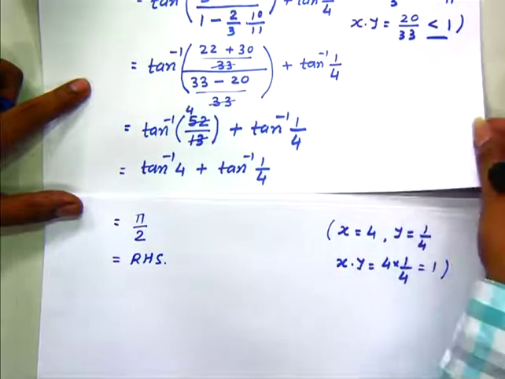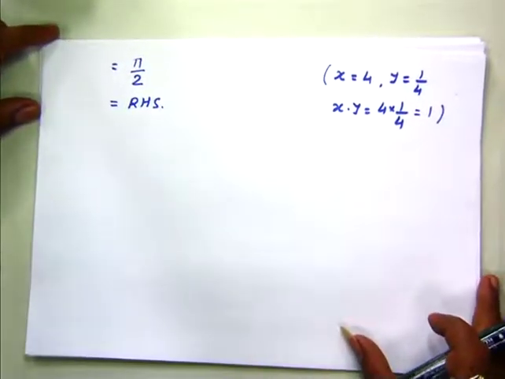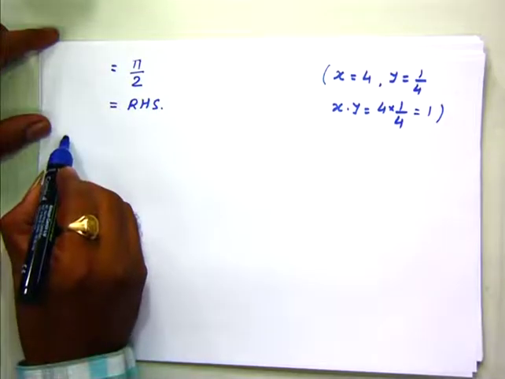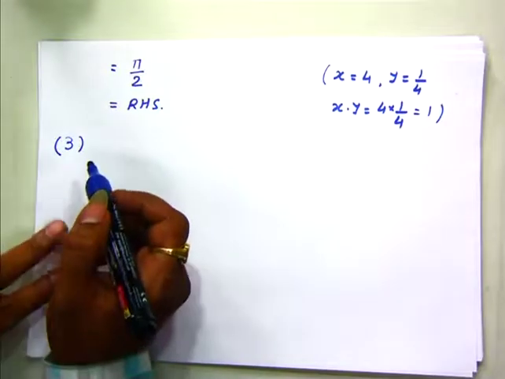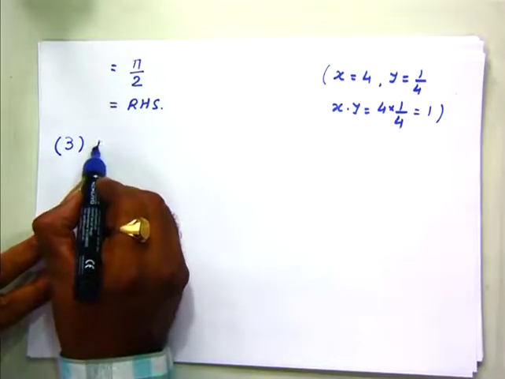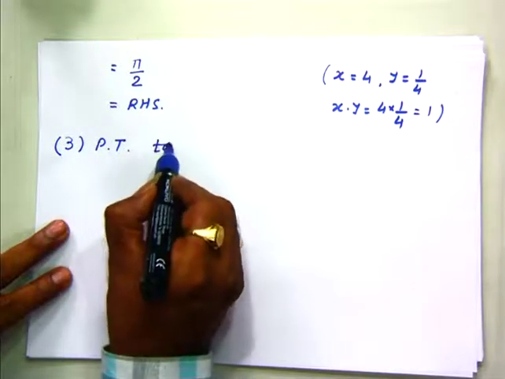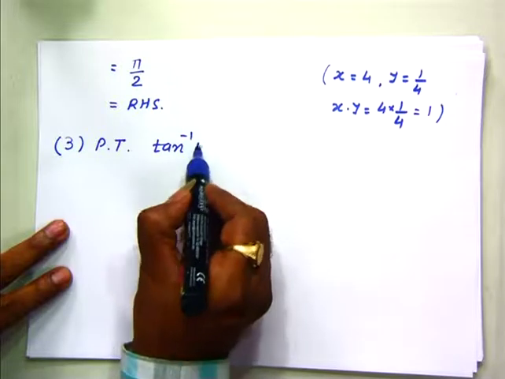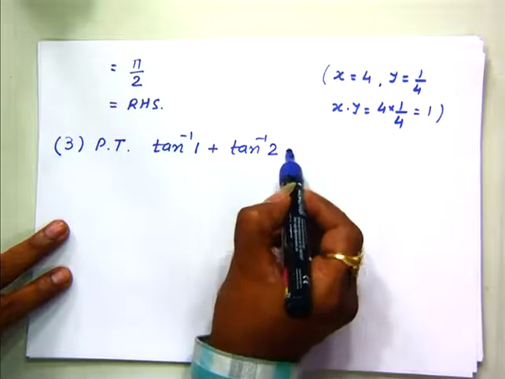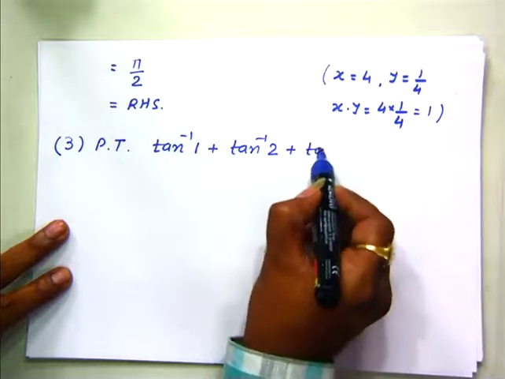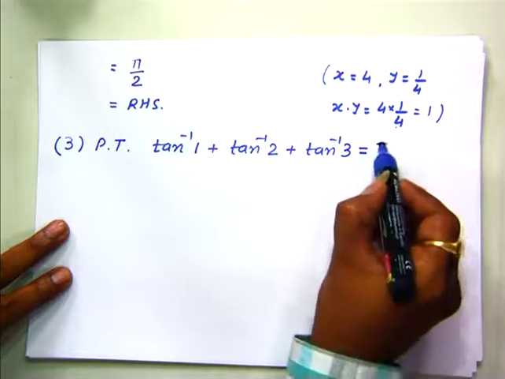Now let's go to example number 3. Third example is very beautiful. Prove that tan inverse 1 plus tan inverse 2 plus tan inverse 3 equal to pi.